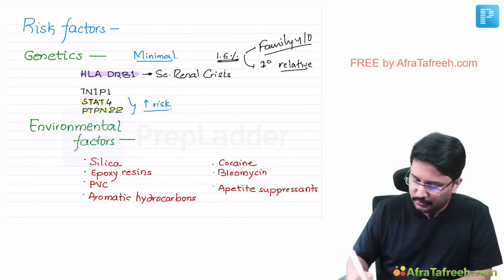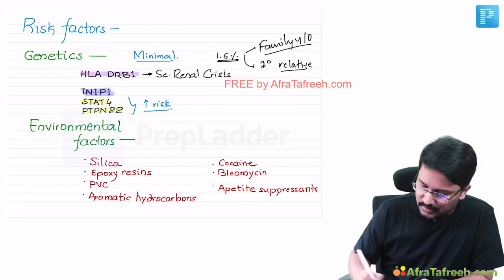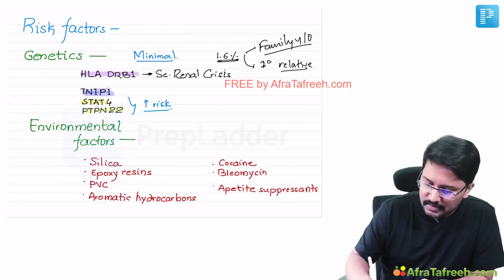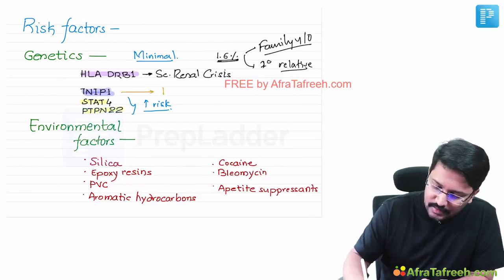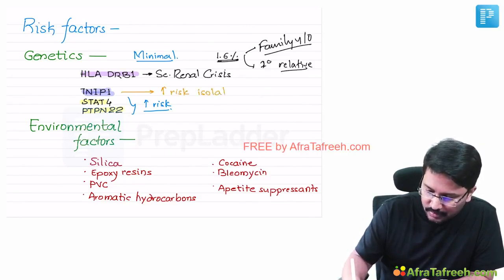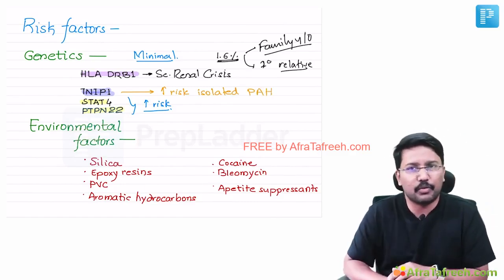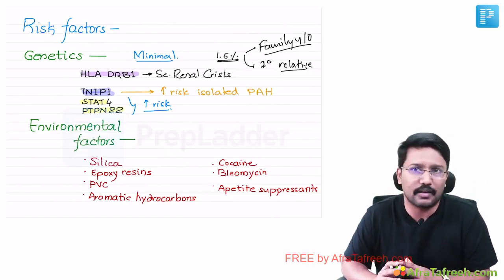Okay. Another point I want you to remember is about the TNIP1 gene. Right? Certain polymorphisms in this gene are associated with increased risk of developing isolated pulmonary arterial hypertension. Right? That's about genetics. I think if we know this much, it's more than enough.